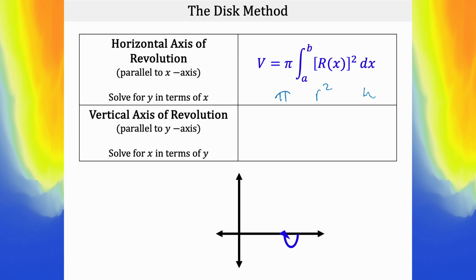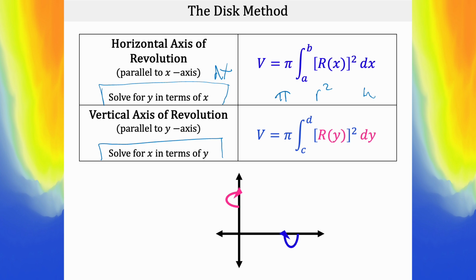And we're solving for y in terms of x, so we are dxing that. Now, we can also rotate it around the y-axis or anything parallel to the y-axis. And the function is the same, except we're solving for x in terms of y. There's going to be a dy at the end of that.